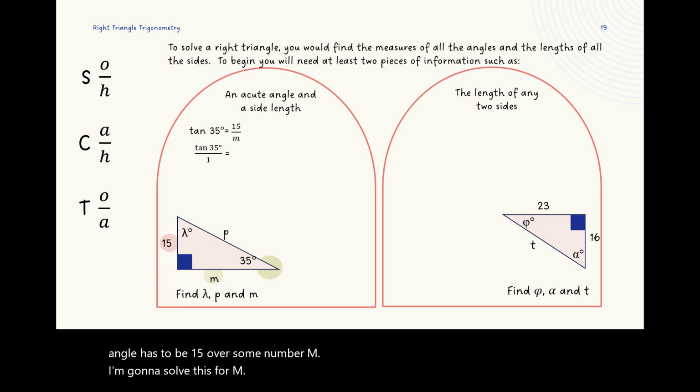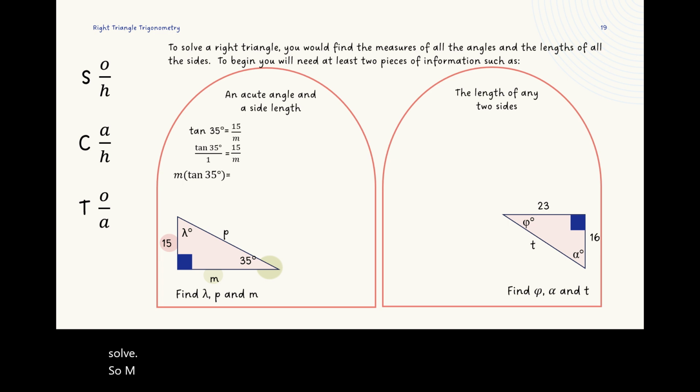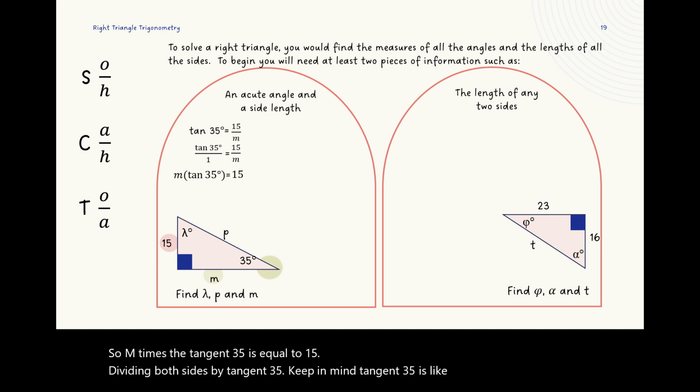I'm going to write tangent 35 over 1 equal to 15 over m because I want to have that proportion to solve. So m times the tangent 35 is equal to 15, dividing both sides by tangent 35. Keep in mind, tangent 35 is like a big long decimal number.